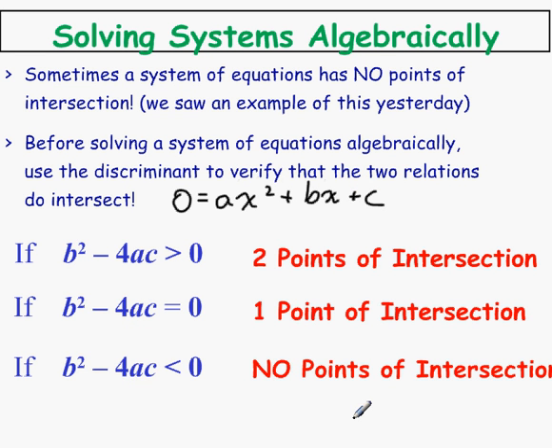We substitute a, b, and c into the discriminant, b squared minus 4ac. If our discriminant is positive, we have 2 points of intersection. If it is 0, we have 1 point of intersection. And if it is negative, there are no points of intersection. So we use the discriminant to verify that it's worth actually trying to solve the system of equations.